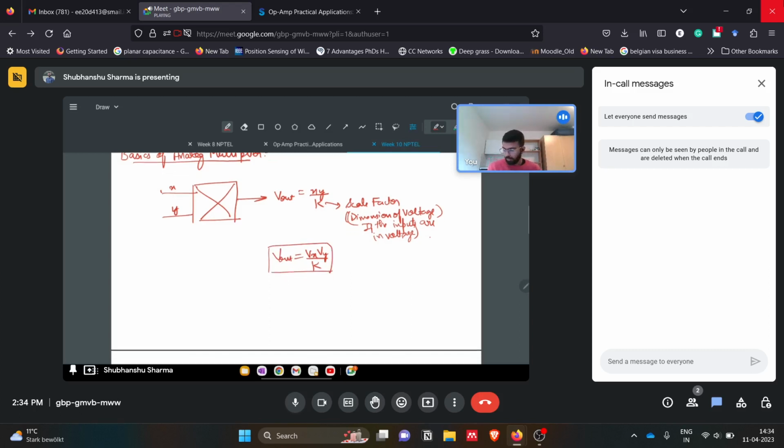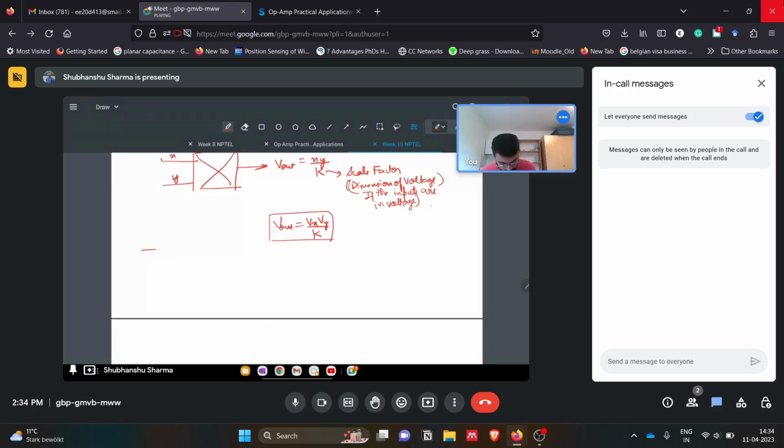Then these are of three types: single quadrant, two quadrant, and four quadrants, with Vx, Vy, and Vout.